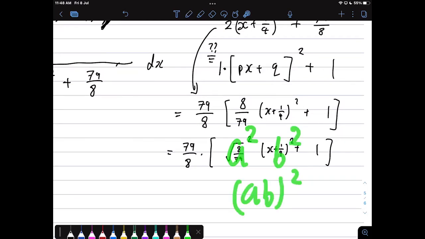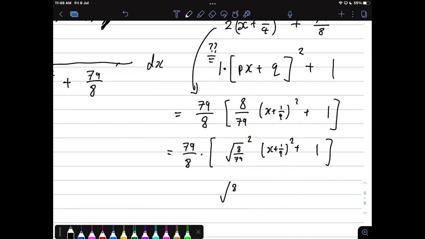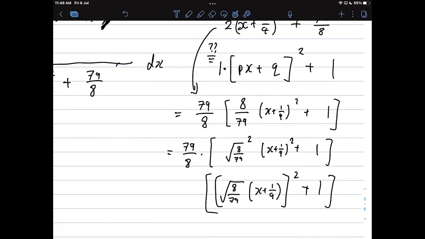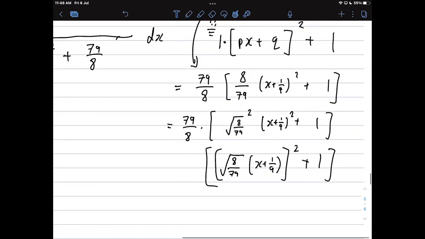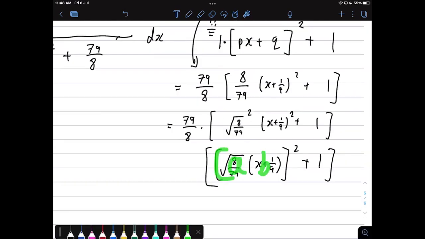Yeah. So that means I can bring it in. So square root of 8 over 79 times (x plus 1 over 4), bracket squared, plus 1. This is a, and that is b, bracket squared. Clear so far? Yeah.